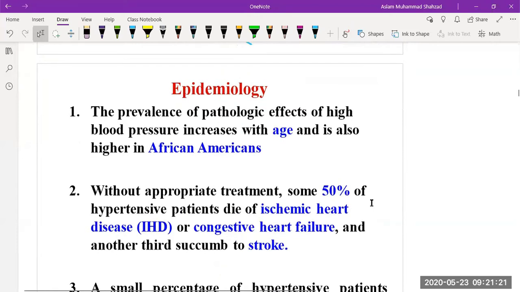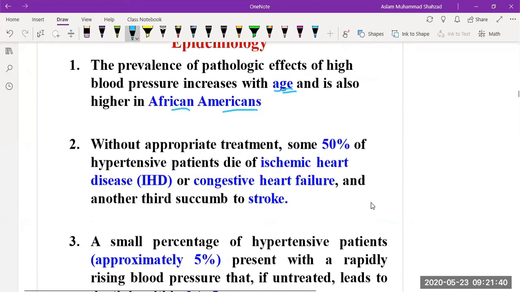Let's discuss the epidemiology of hypertension. The prevalence of pathological factors of high blood pressure increases with age, as I discussed before, and is also higher in African Americans. Without appropriate treatment, some 50% of hypertensive patients die because of ischemic heart disease or congestive heart failure, or come to stroke.